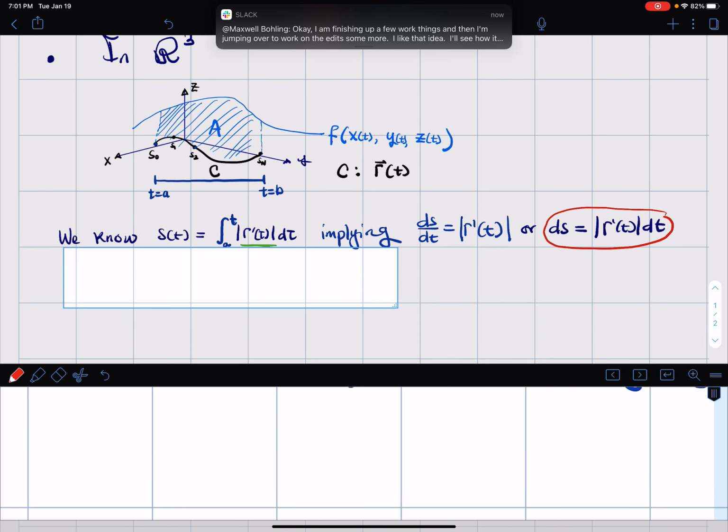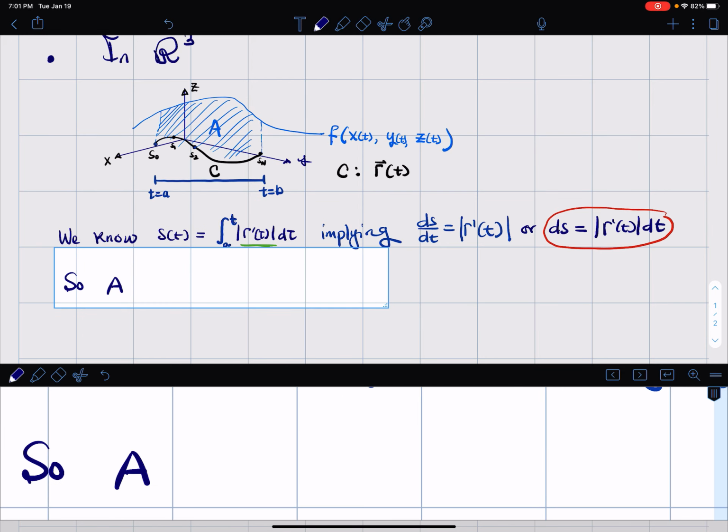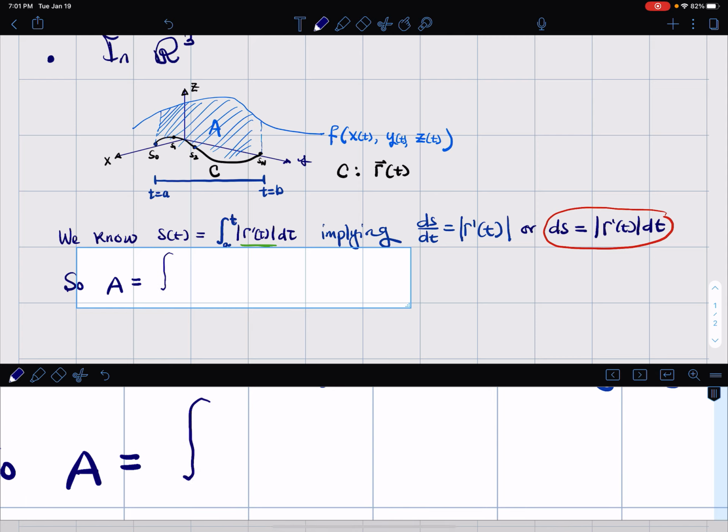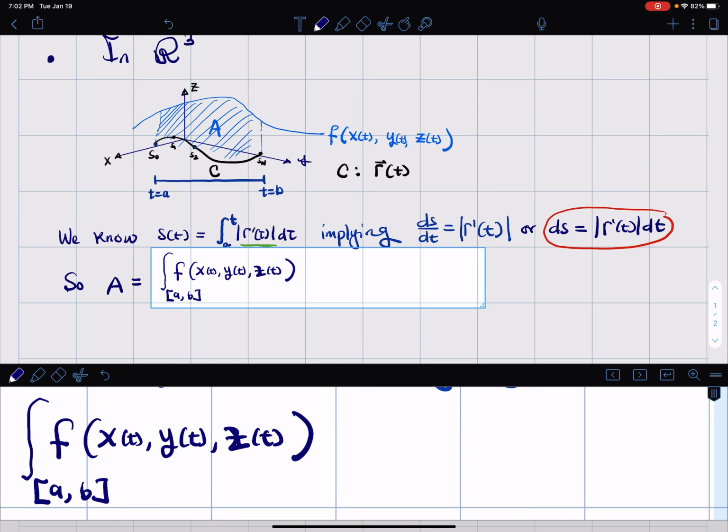Okay. Now, we can go ahead and try to compute our area A. So this A is now equal to the integral from a to b of f of x of t, y of t, z of t, ds.